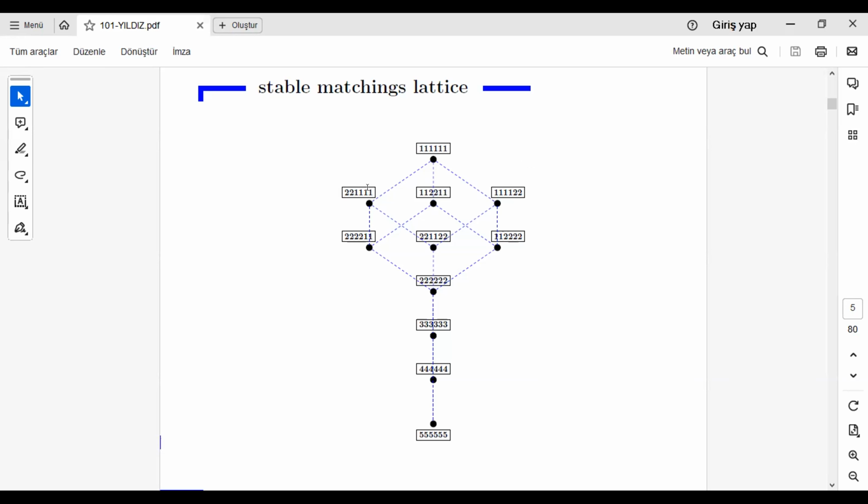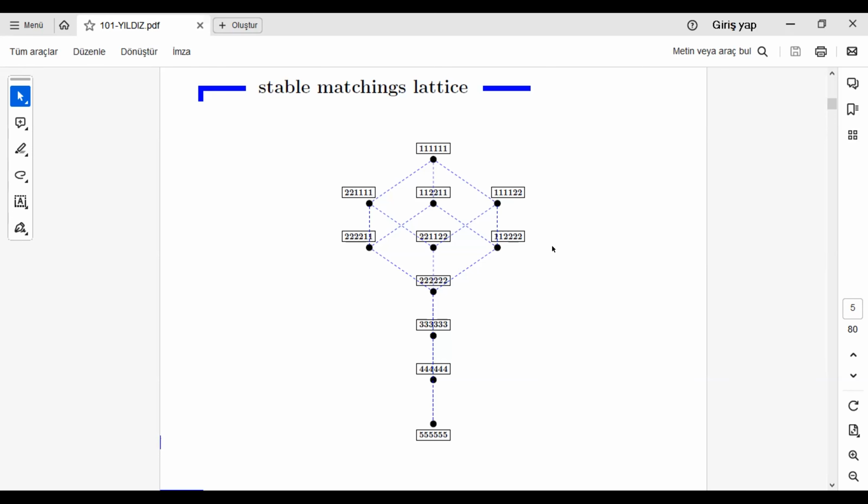In the other matching on the right below, the first 2 men are getting their first best, and the others their second best. These 2 matchings are incomparable, but their least upper bound is the top one, where everyone is getting their first best. Here we are seeing only the preference evaluations of the men.